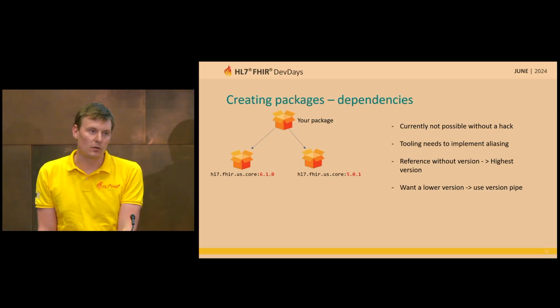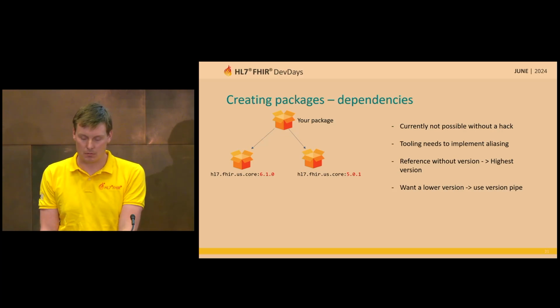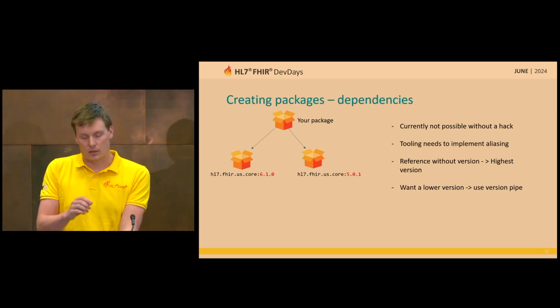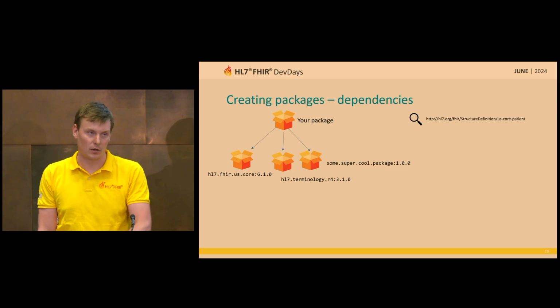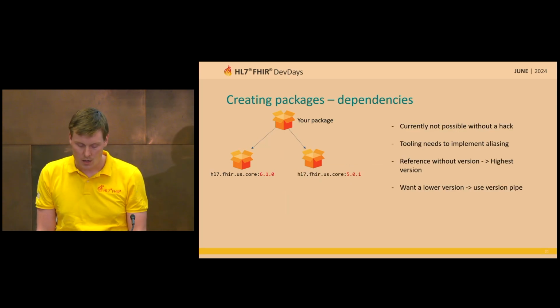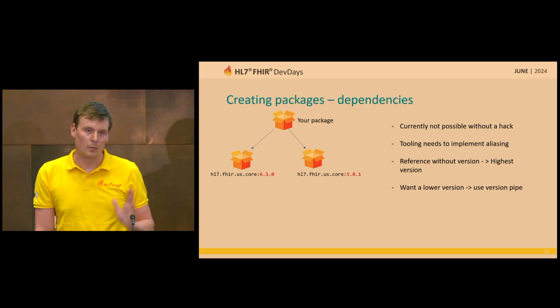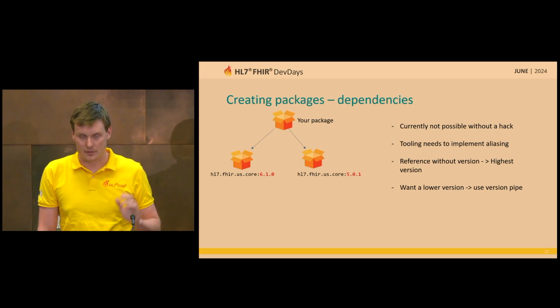And if you want to use a lower version, you have to use the pipe. So if you want to use US Core 5, say US Core patient pipe 5. And that will help you resolve all the artifacts in your scope. But please don't go here.